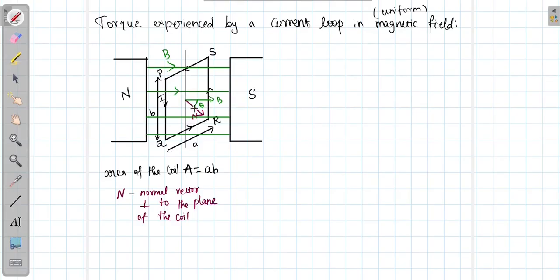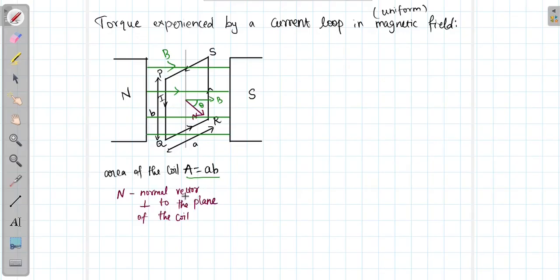Now understand the diagram clearly. Coil PQRS is kept in a uniform magnetic field. It has an area AB, and its normal makes an angle theta with the magnetic field. It is not the plane that makes angle theta with B, it is the normal vector.